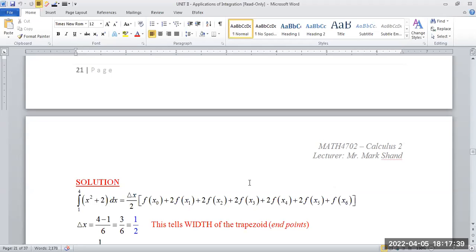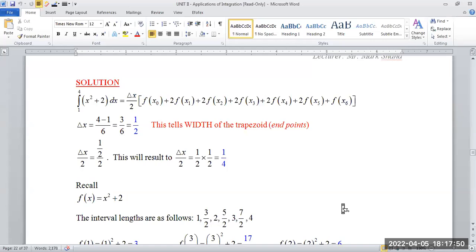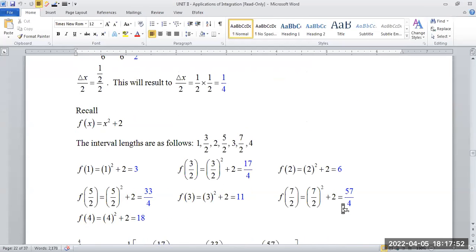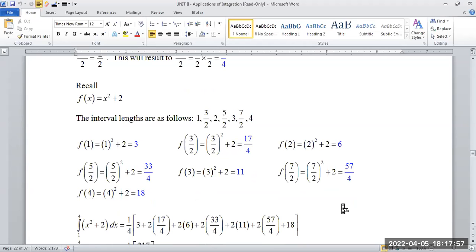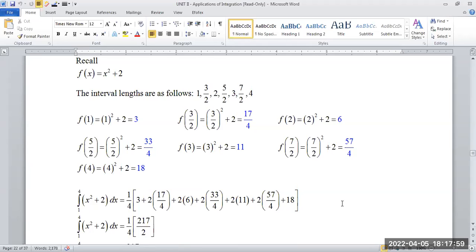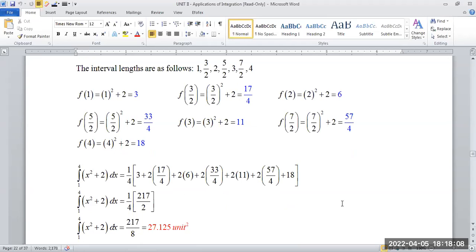Remember, it's my first and my last terms that are not affected by the double base. So I would have gotten all of that. And then I would have ended up with 217 over 2 times my 1/4, and I'd have gotten 27.125 units squared as my answer. Did everybody get that?